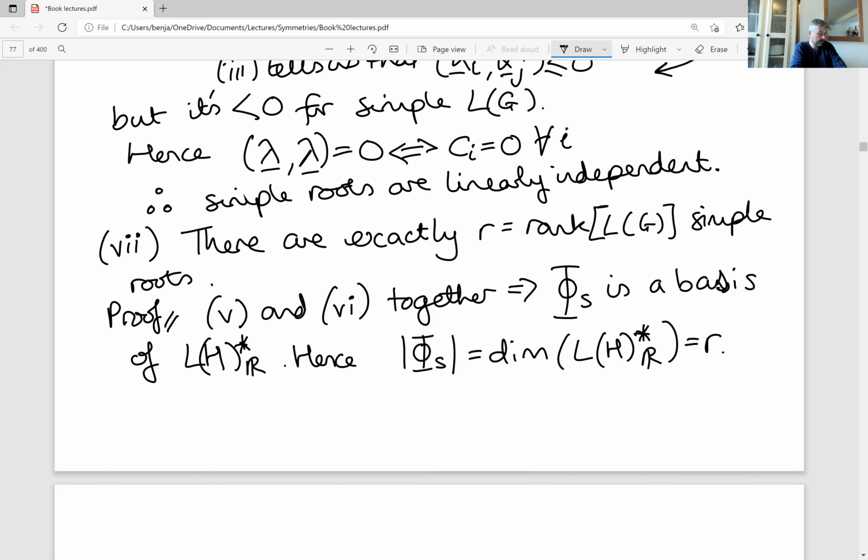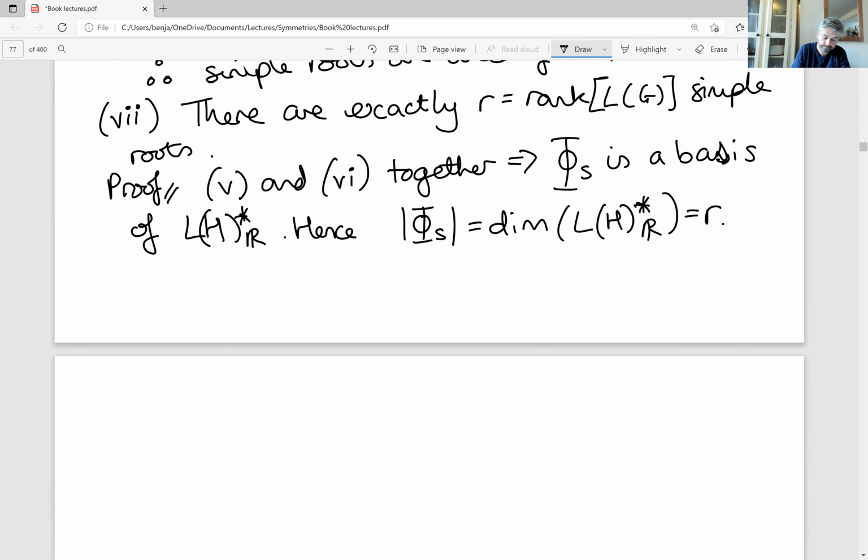All right, good. So we're now going to define the Cartan matrix of a Lie algebra.